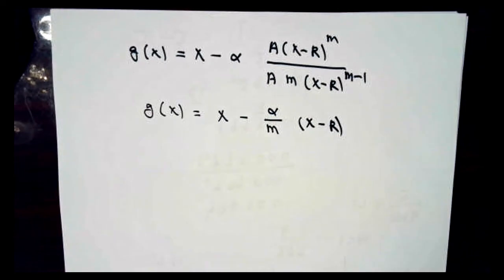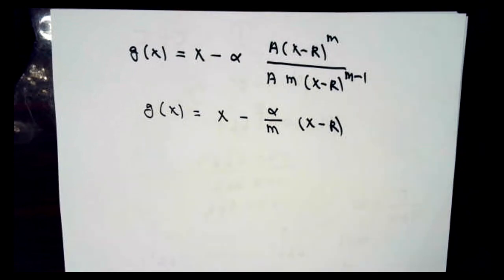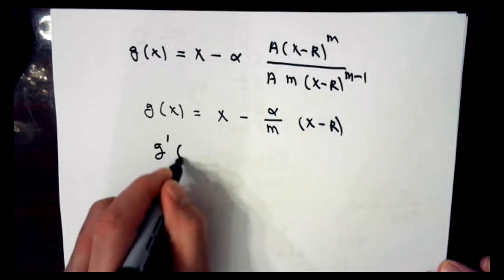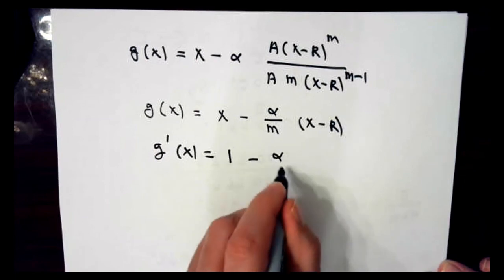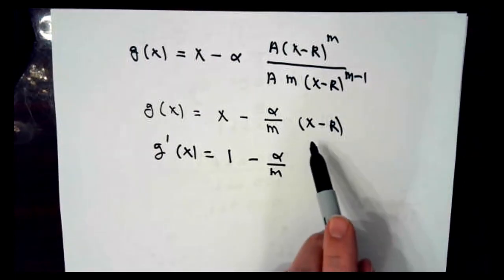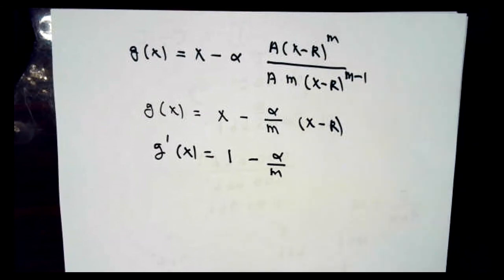For the toy problem, which we are using to model the behavior of roots of multiplicity bigger than 1 close to the root, this is how we'll model our g function. I want to calculate the derivative of this. g'(x) is 1 minus alpha over m, multiplied by the derivative with respect to x of x - r, which is 1.